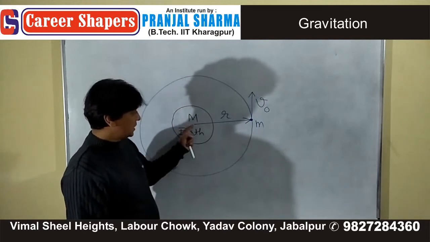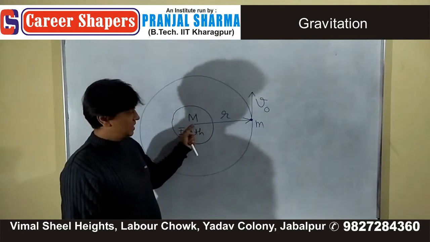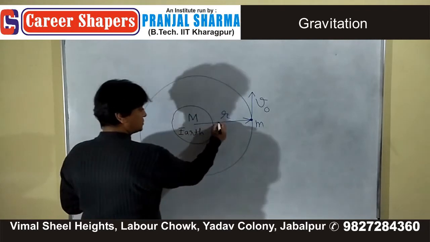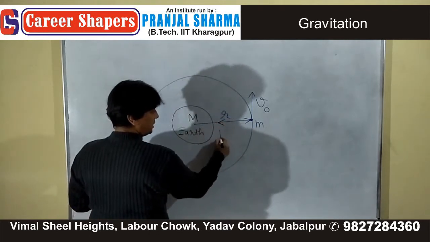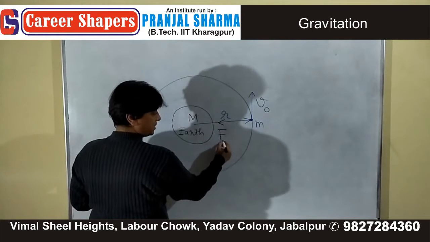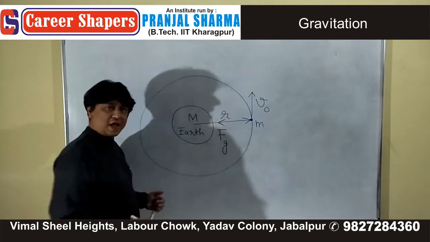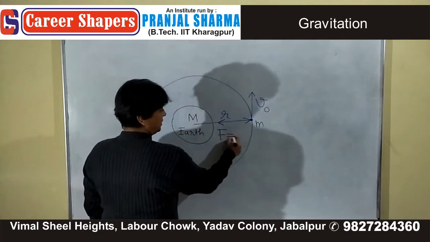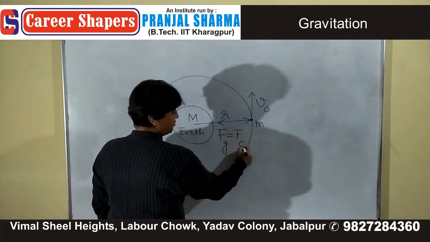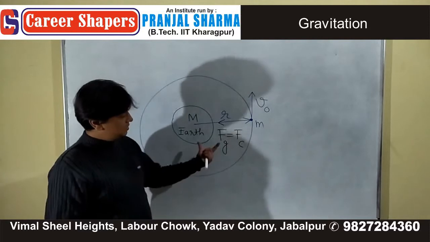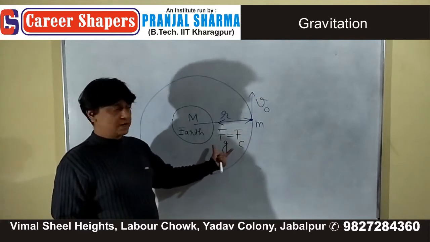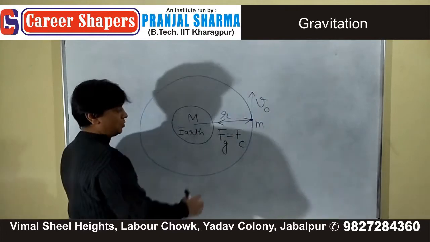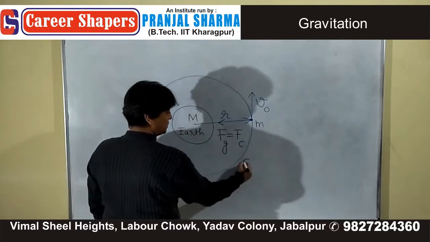And therefore, if Earth is placed at the center and this is your satellite, then the gravitational force which is acting on the satellite will provide the necessary centripetal force. This is the thing which will decide the orbital velocity.